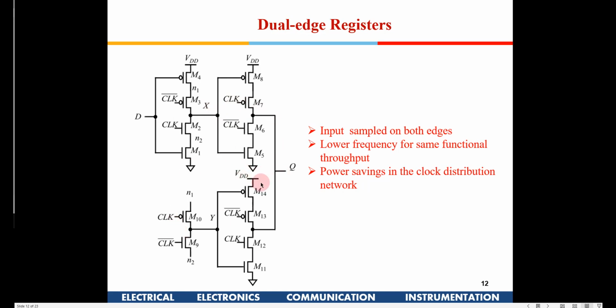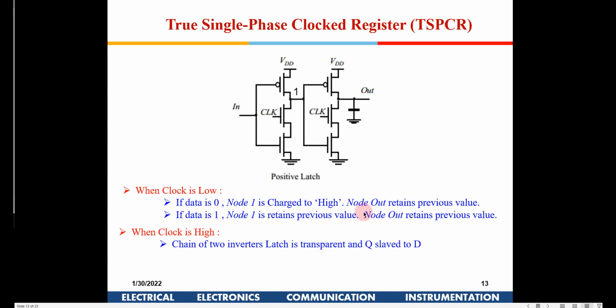So in both the positive edge and the negative edge of the clock, the data will be sampled. It has certain advantages: input sampled on both edges, low frequency for the same functional throughput, and power savings in clock distribution. These kinds of circuits are also used in modern day microprocessors for certain applications.